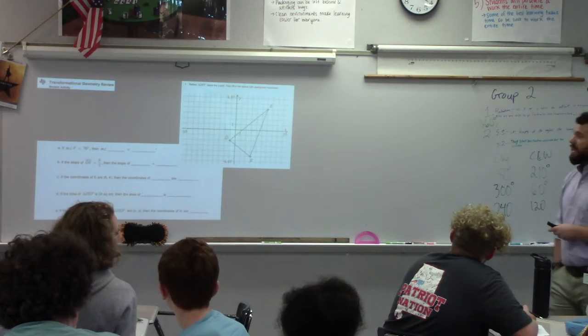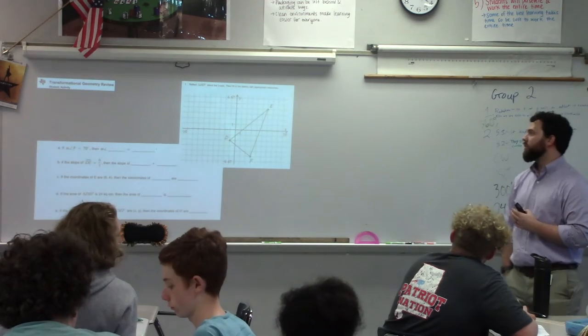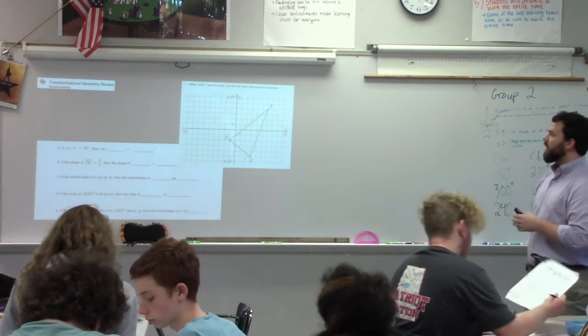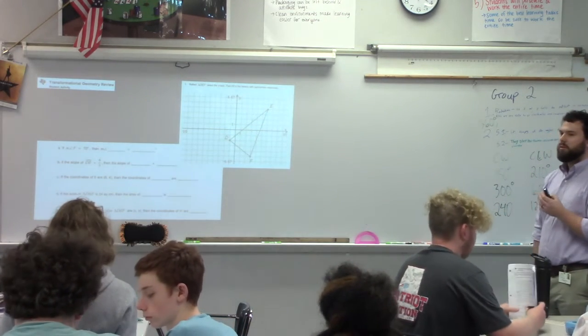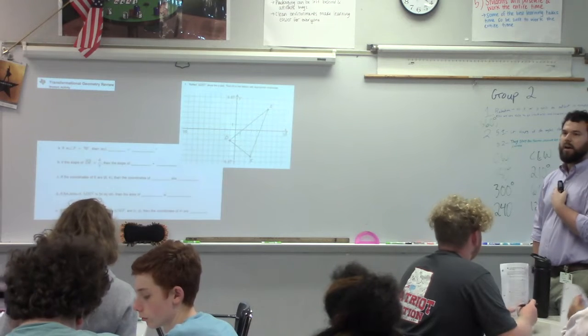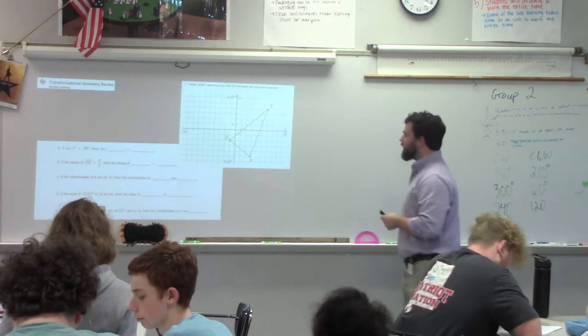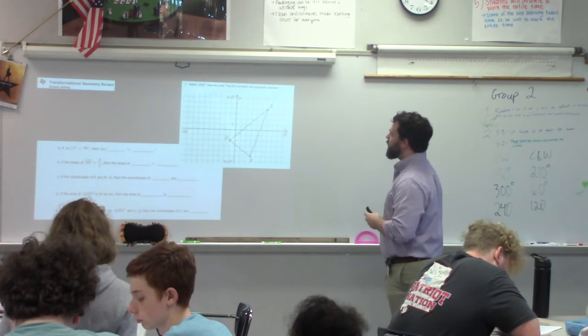But here's where we're starting. I'm just going to get you started on this question. Number one, we should be looking at the packet. It says reflect triangle DEF across or about the what? Y-axis. Then fill in the blanks with appropriate responses.